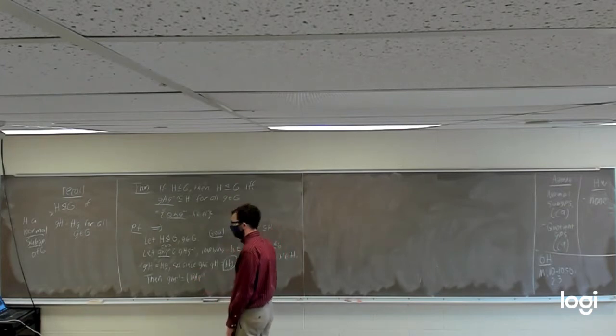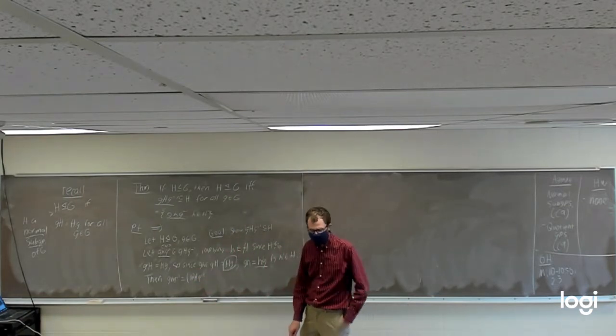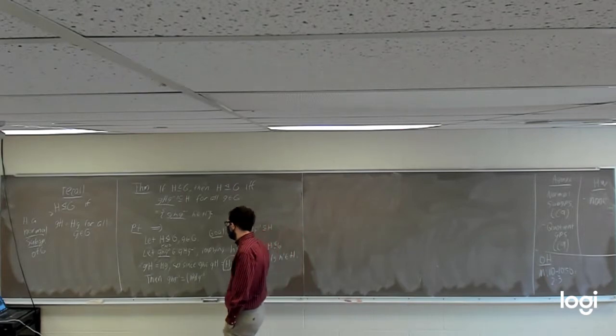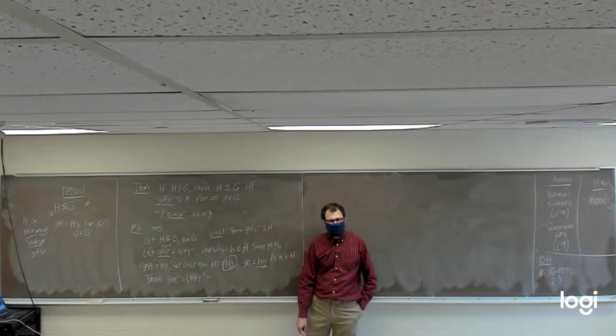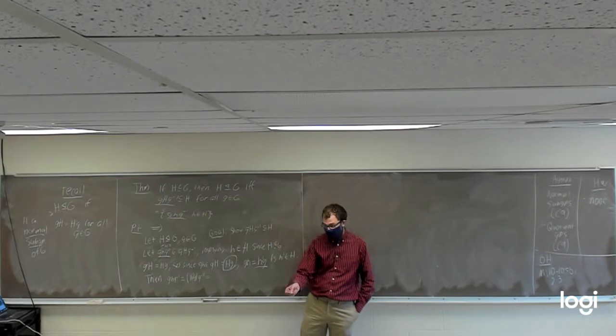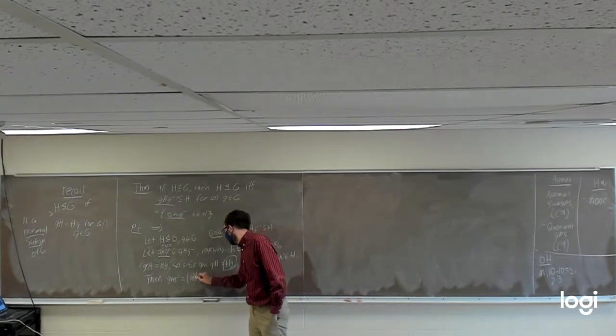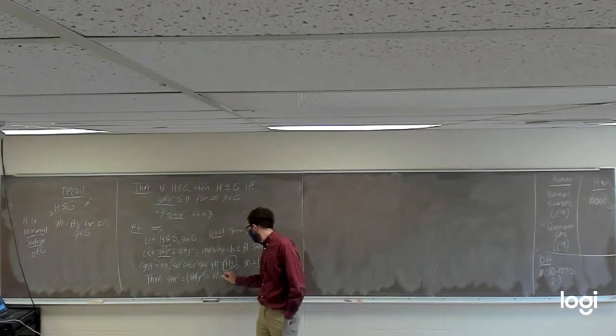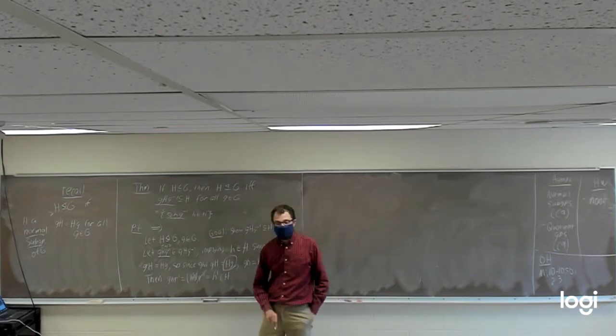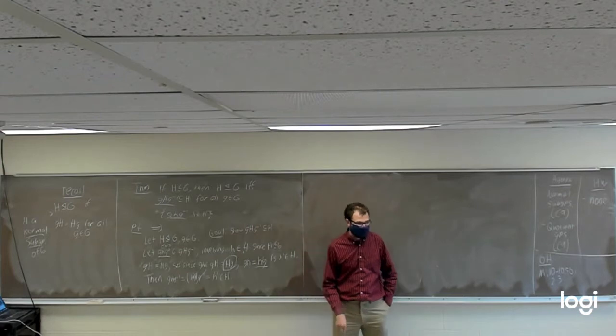H prime g, excuse me, I'm making the same mistake I said not to make. And what's little h prime times little g times g inverse going to give us? Multiply that and simplify. Yeah, the g and the g inverse cancel, and that just gives us h prime, which is an element in the subgroup H.